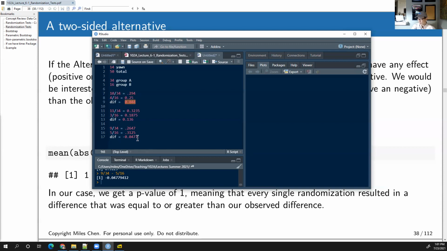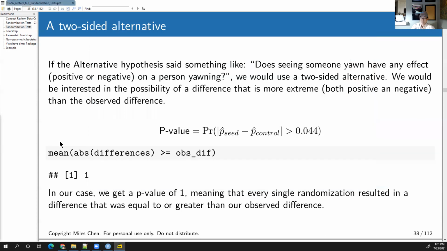The next smallest would be a difference of negative 0.047. If you take the absolute value, this is the smallest possible difference. So it's not even possible to get a smaller difference than 4.4 percentage points. You could get a difference of 4.7 percentage points, but in the opposite direction.